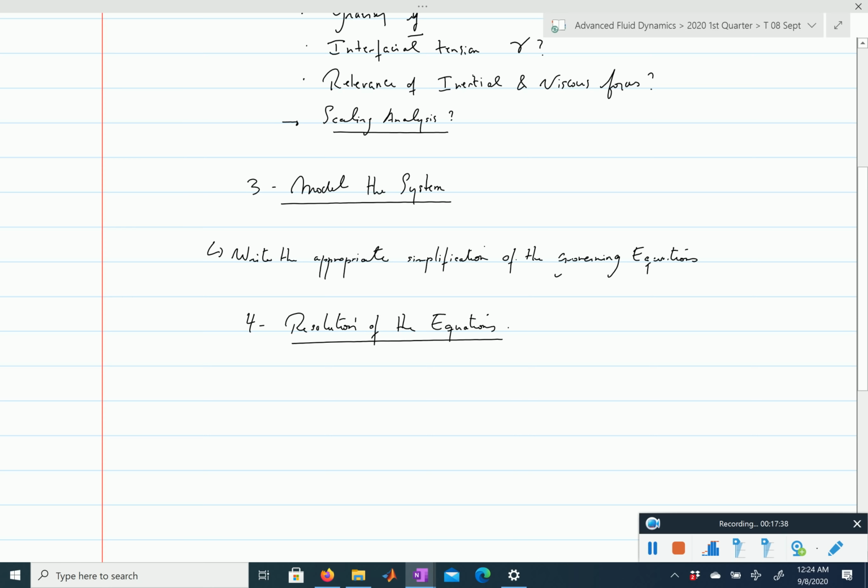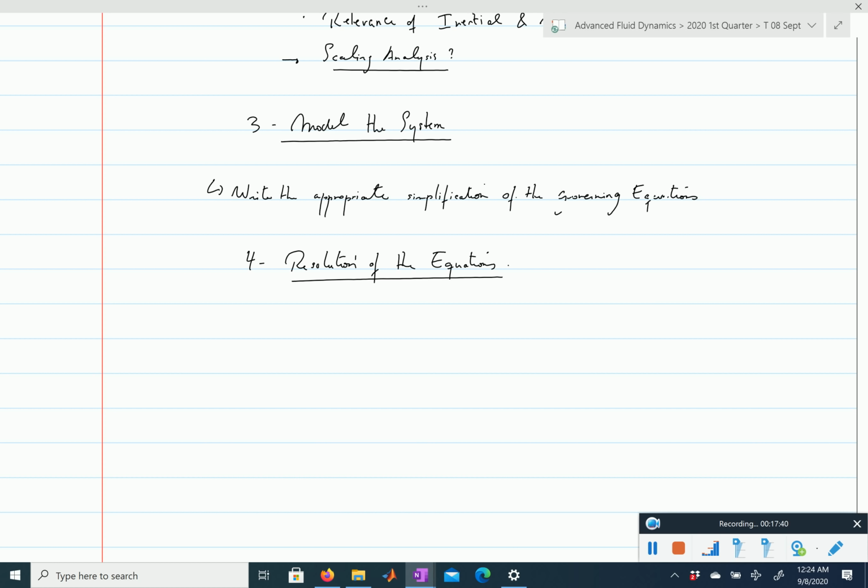And so that means in general, in fluid dynamics, at least in IFD, where we will only look at incompressible fluids, that means solving for the velocity field and the pressure field.